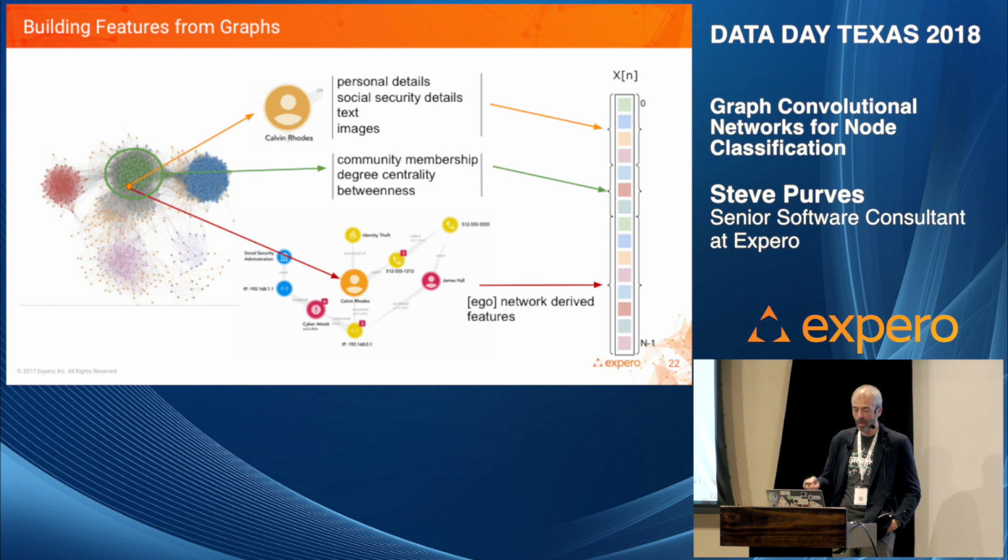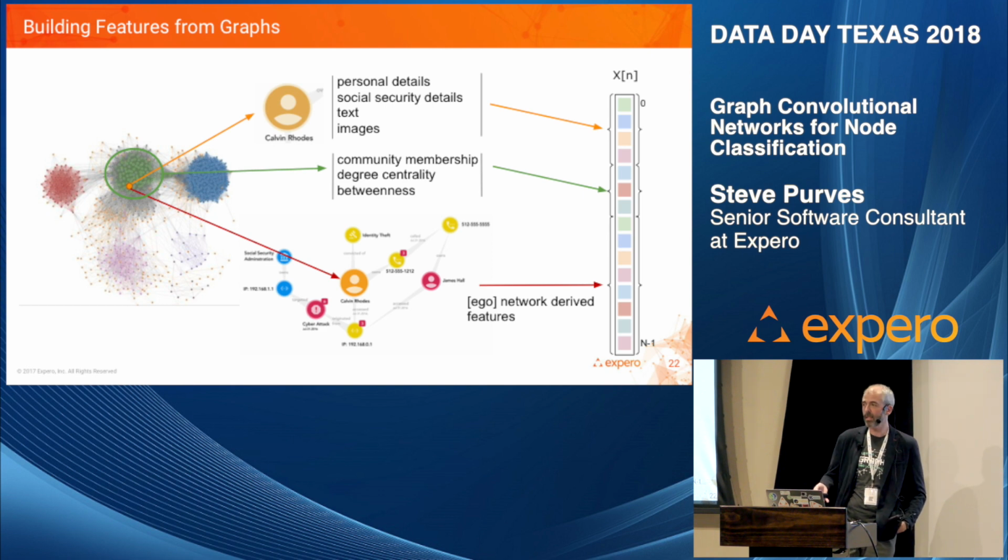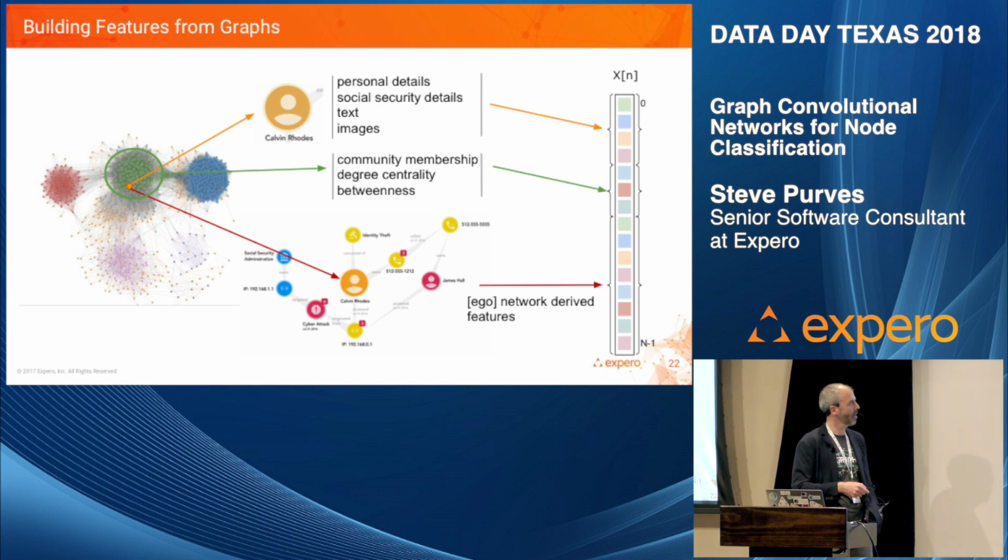So I've seen quite a few papers like this that take the feature building approach to graphs, and some of them get quite sophisticated. They'll pull in node properties from individual nodes. They'll actually go and do some graph analytics and compute some extra data about the network to try and again bring in some of this relationship information from the network. For example, they might do clustering.